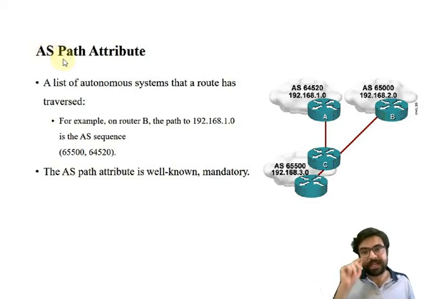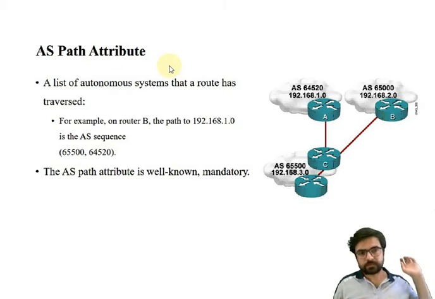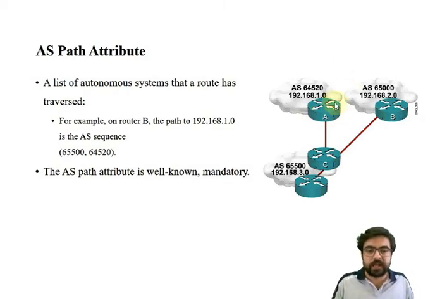attributes one by one. AS path attribute: the list of autonomous systems that a route will travel or will pass. For example, here router A is going to advertise this network 192.168.1.0 to router B. Here the transit AS is this AS.